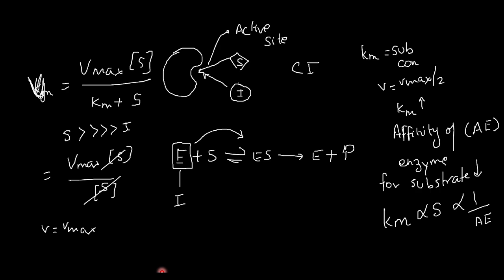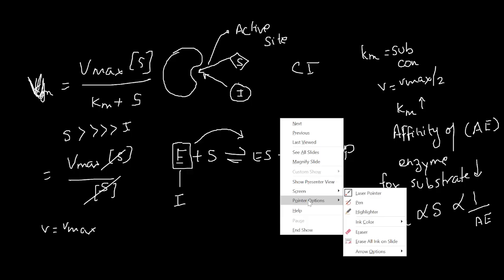So two things you need to remember: because the inhibitor is binding to the same site, the enzyme needs more substrate, and because the enzyme needs more substrate, the Km is going to be high. But there will be no effect on the rate of the reaction if you are adding a very high amount of substrate in comparison to the inhibitor; then your velocity of the reaction is not going to be changed.